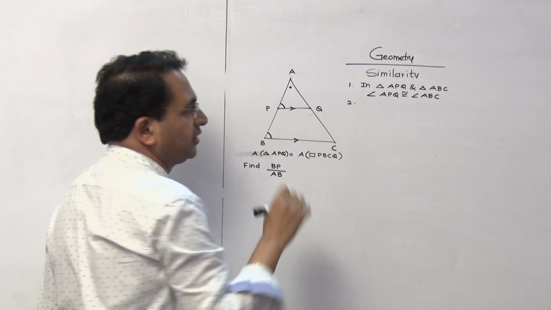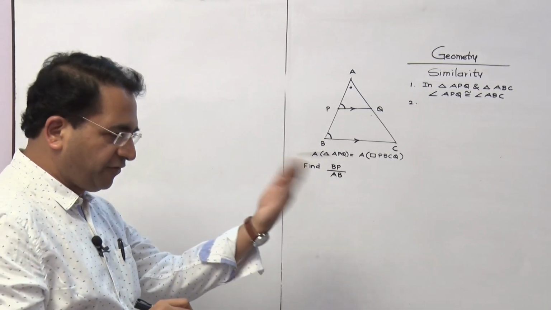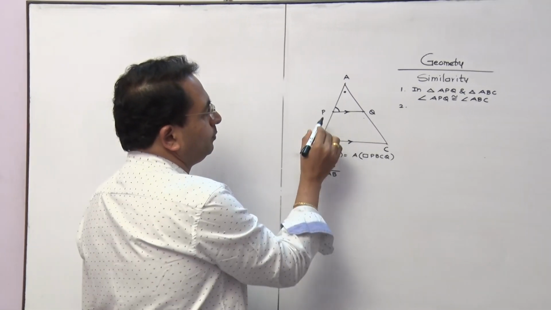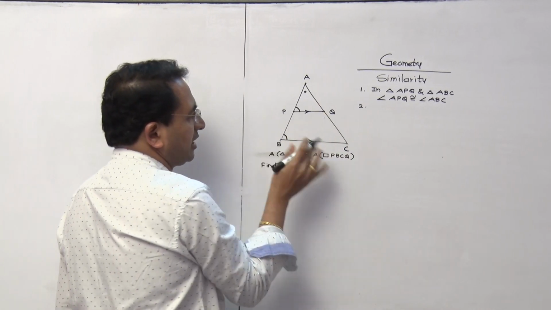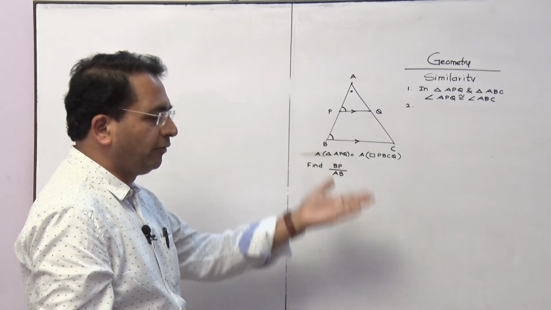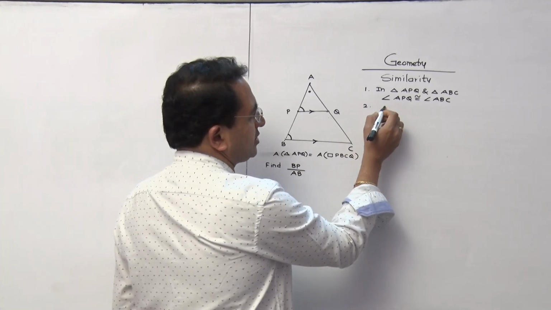The reason for this is corresponding angles. You can write the reference otherwise: corresponding angles with respect to PQ parallel to BC and AB as a transversal. See, that reason part you have to develop, but you are in a position to write. Nothing is difficult in this.